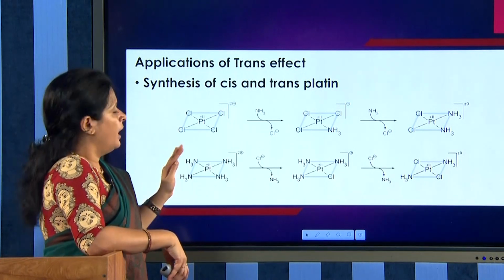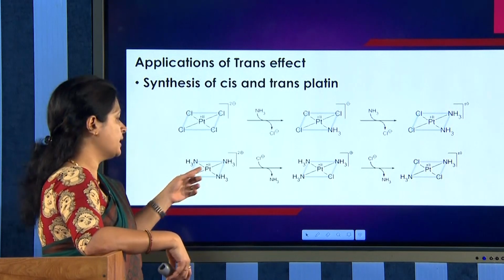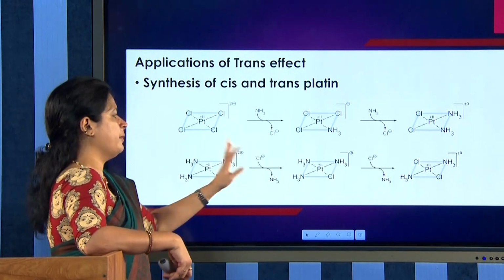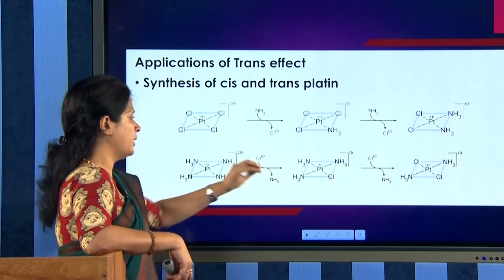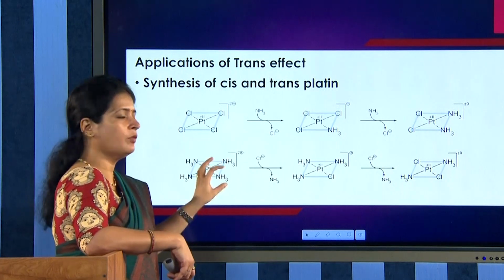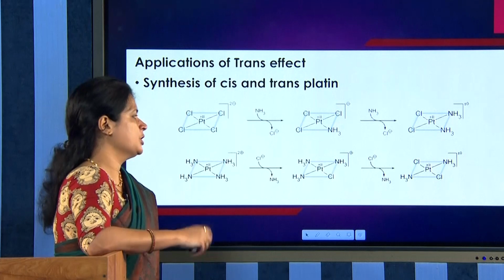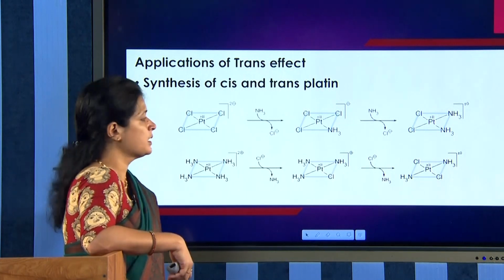Okay. Now, next example, if I start with the Pt(NH3)4 2+ complex. Initially, if I am adding Cl minus, it will just be substituted, that is, Cl minus will replace one ammonia molecule. And now if I am adding one more Cl minus, what happens?